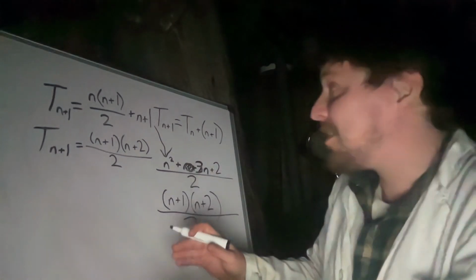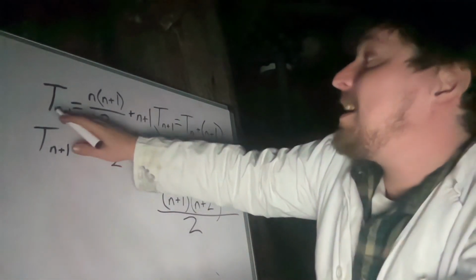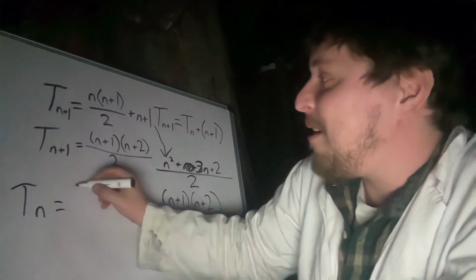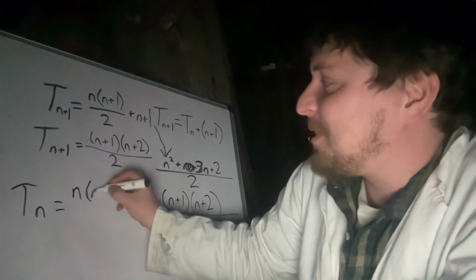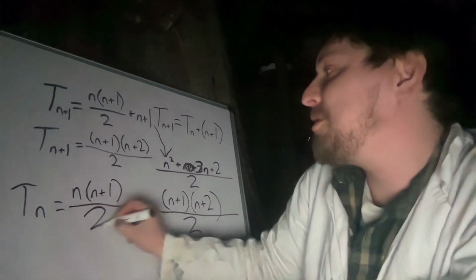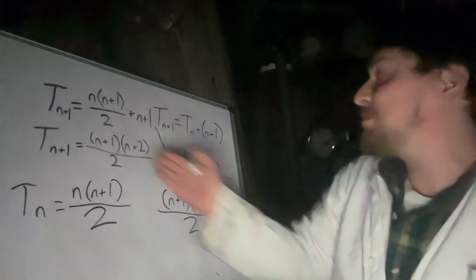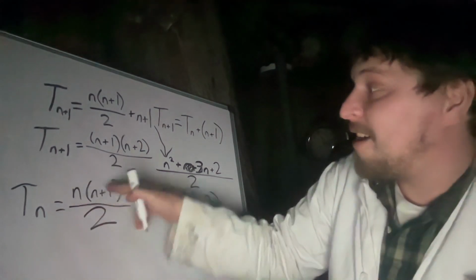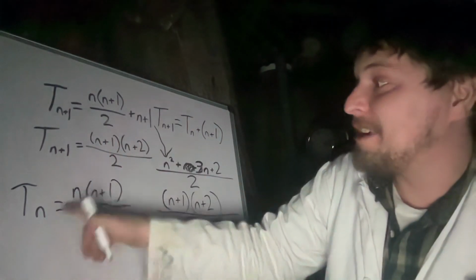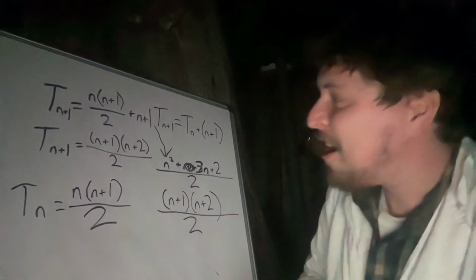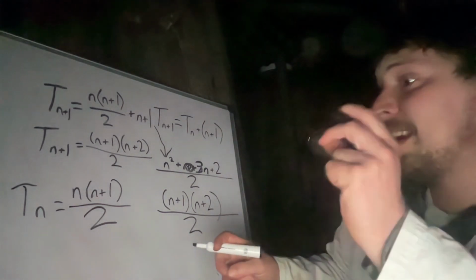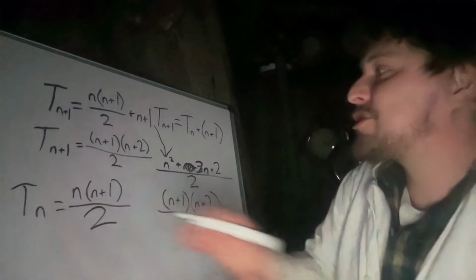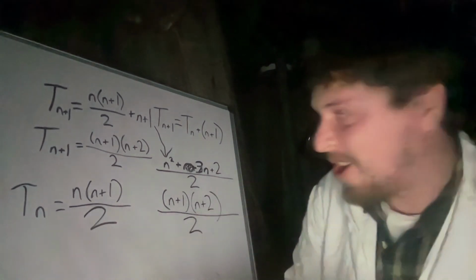Meaning that altogether we've showed that if t of n has the formula of n times n plus 1 all over 2, then t of n plus 1 does fit into its version of the exact same formula if we substituted those in, meaning that if any given triangular number matches this formula, the next triangular number must also.